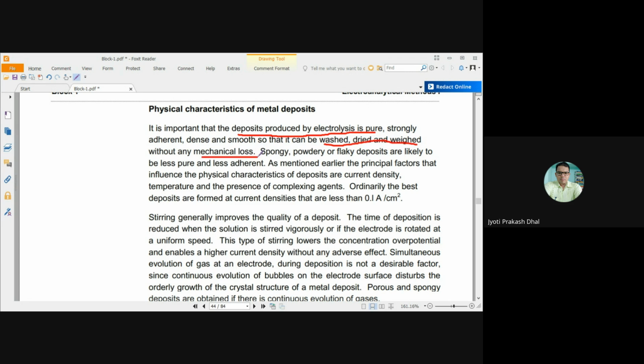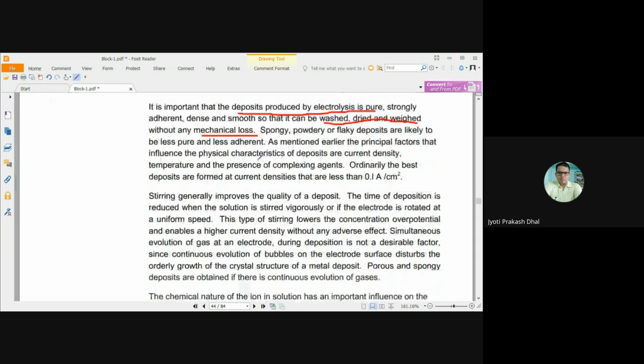That means the substance deposited on the electrode can be easily removed, and it is a very pure metal, so it can be easily washed and dried, and you can take the weight also. Spongy, powdery and flaked deposits are likely to be less pure and less adherent.